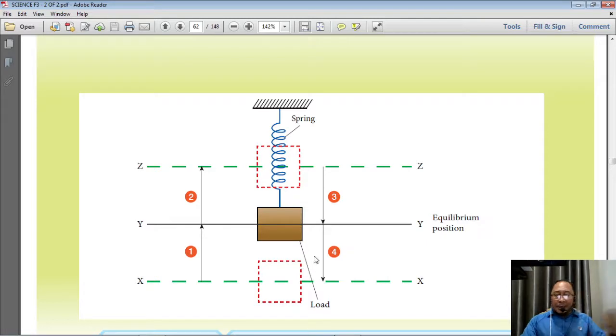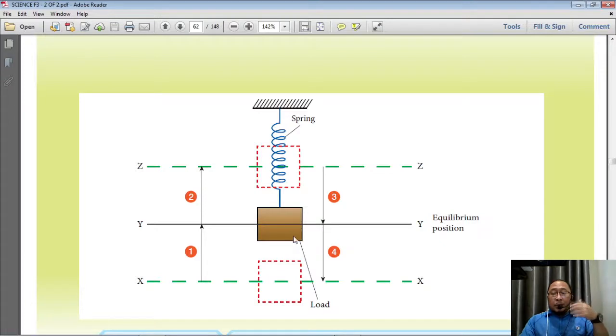So what conservation of energy can be applied in this situation? You have to know the spring has elastic potential energy, and the load moves to the bottom and then comes back to the early position.